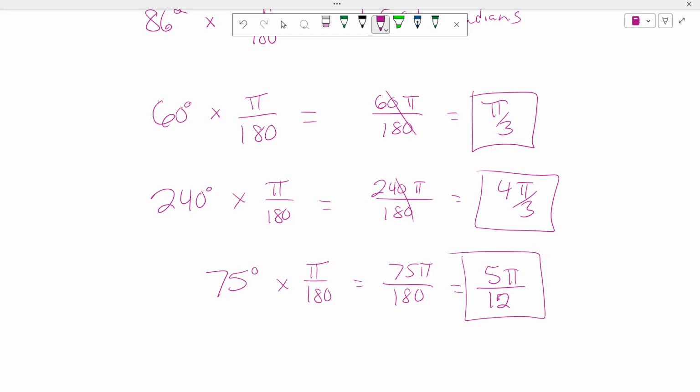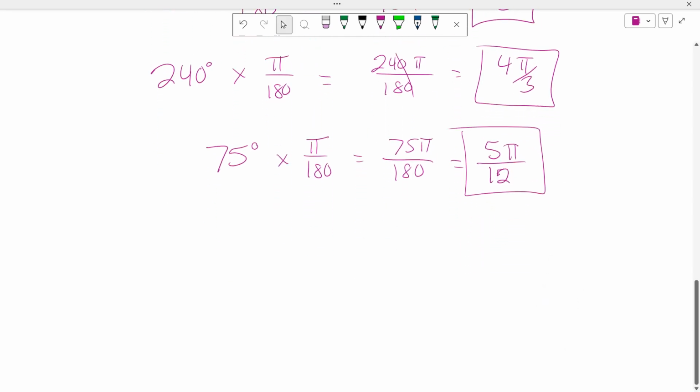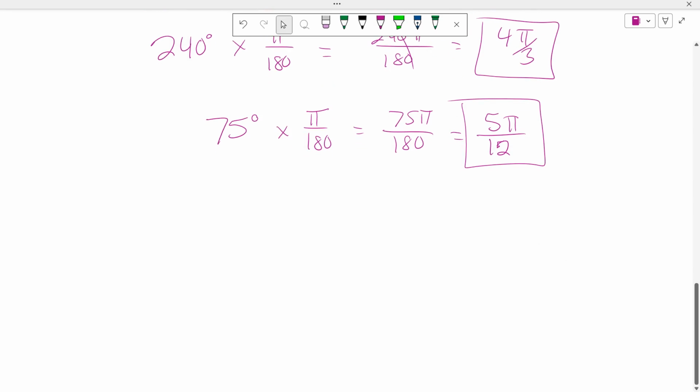So, we can convert from degrees into radians. Now we need to be able to convert from radians into degrees. So if I have pi over 4 radians, and I want to convert to degrees, I take pi over 4, and then what I'm converting to goes on top.